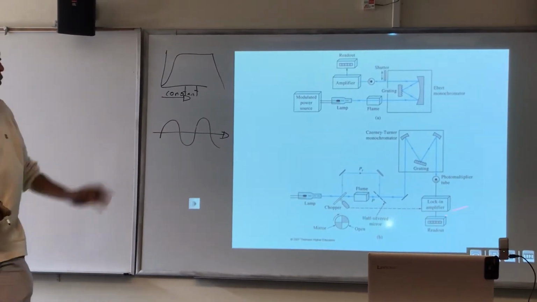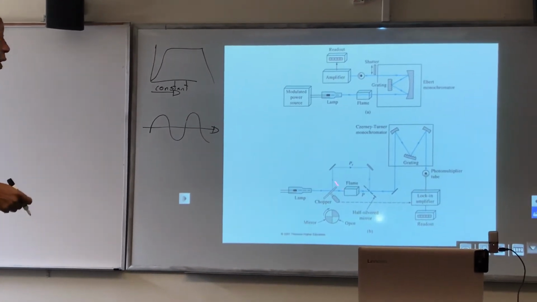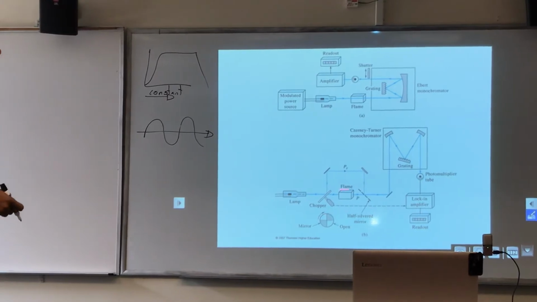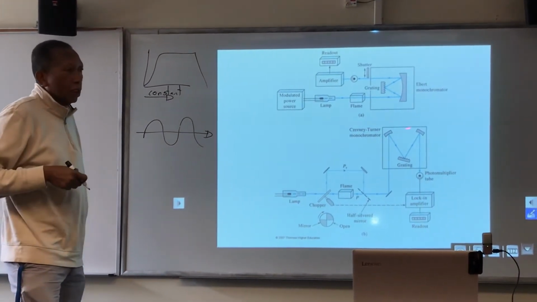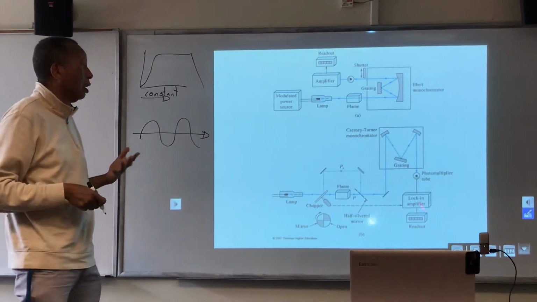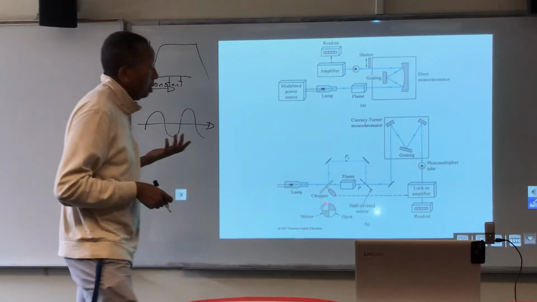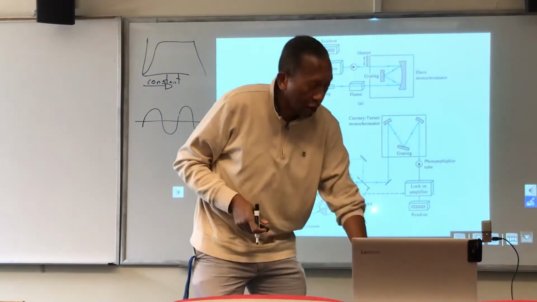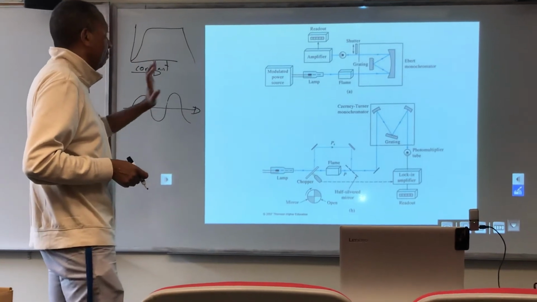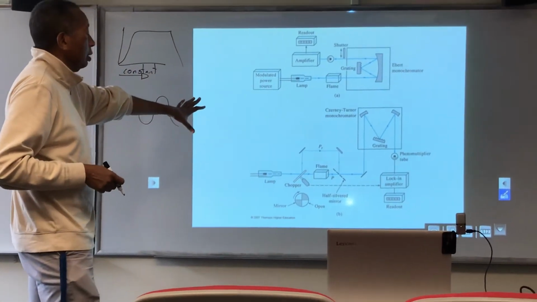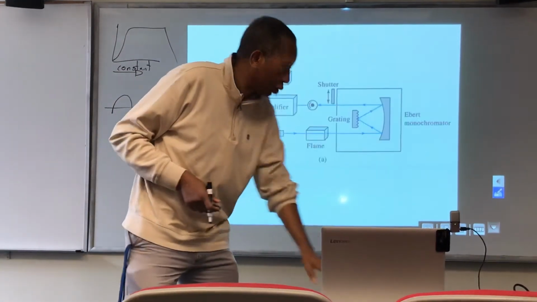So the lock-in amplifier, you see here, locks into the frequency of the chopper, and it only amplifies the output that has the same periodicity as that from the chopper, right? So that's one other feature of the more modern instruments. It allows for putting a frequency on the source.